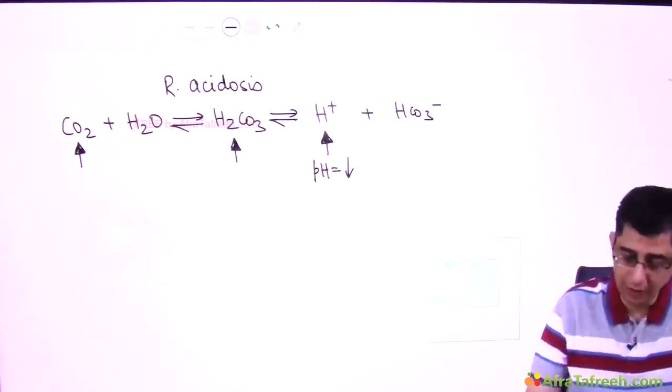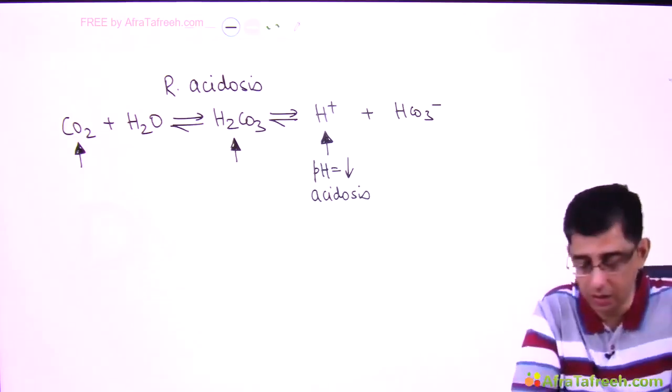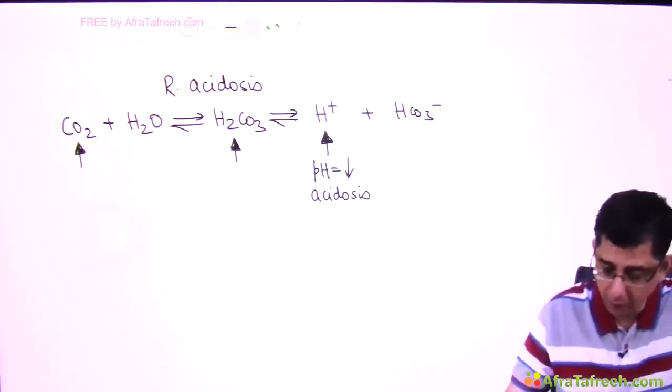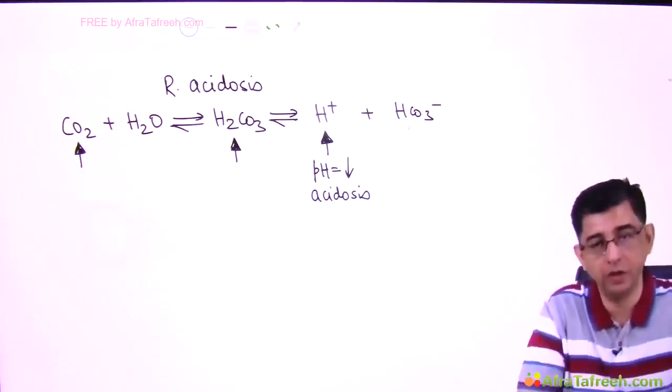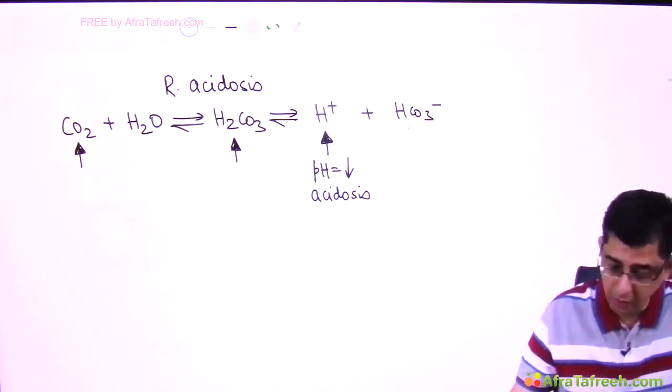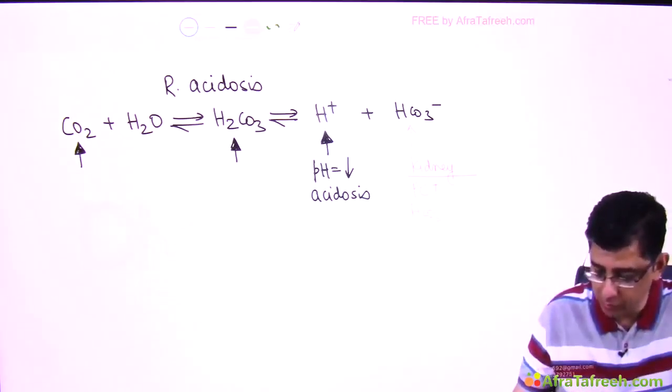Now, once you have acidosis developing in the patient due to a respiratory problem causing carbon dioxide to increase, you should have a compensatory increase in bicarbonate to neutralize the increase of hydrogens. This bicarbonate increase will be courtesy of the kidney. The proximal convoluted tubule of the kidney is capable of alkali reabsorption.